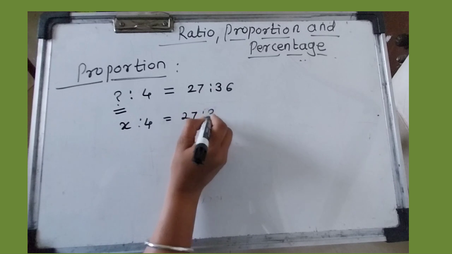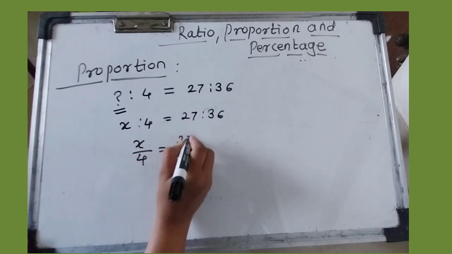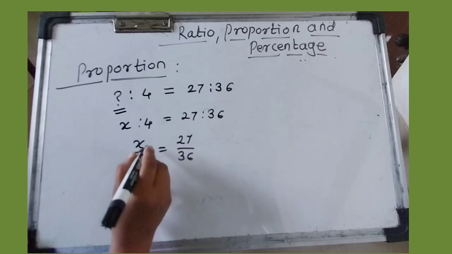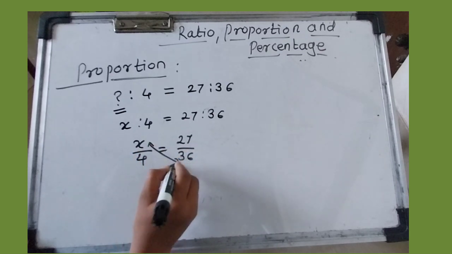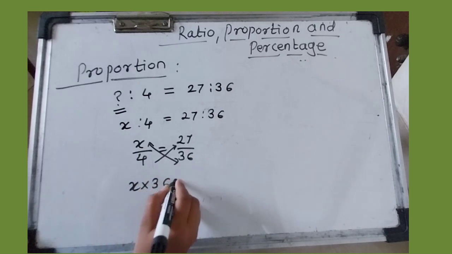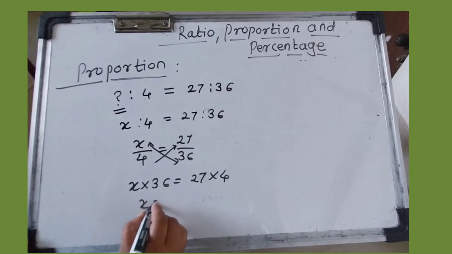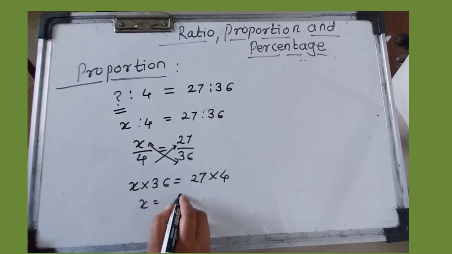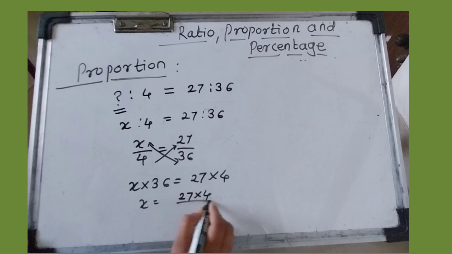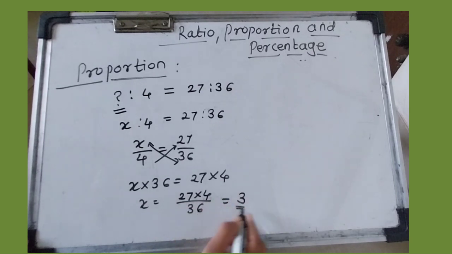So x by 4 equal to 27 by 36. Product of extremes equal to product of means. So x into 36 equal to 27 into 4. So x equal to 27 into 4 by 36. So x equal to 3.